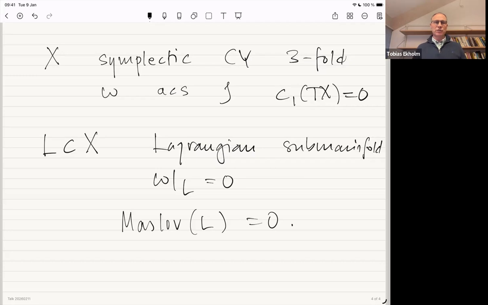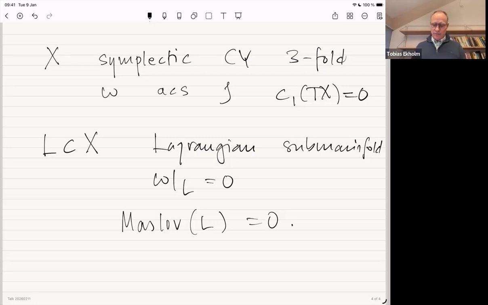Since X has first Chern class 0, it has trivial determinant bundle, so we can trivialize this complex line bundle. Our Lagrangian, which I should have said we assume is orientable, then has its real orientation determine a real line in this complex line bundle. If we walk around a one-cycle inside L, we have a rotation number of this line inside the complex line, and we require that the corresponding cohomology class is 0.